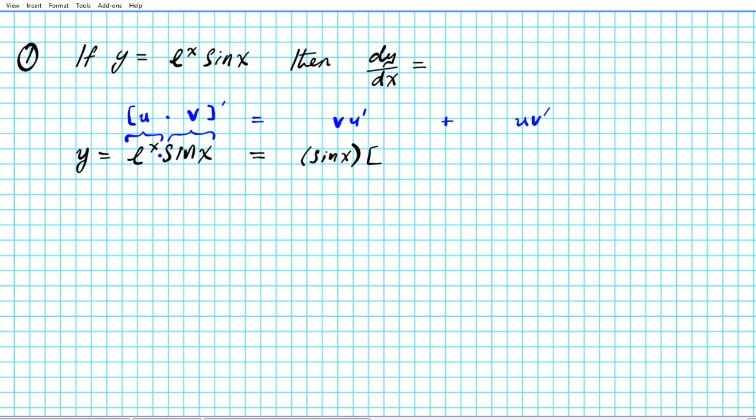So u is e to the x, and we are looking for the derivative of that, plus u, e to the x, v', v is sine x, I'm looking for the derivative of that, so I put that in brackets also.